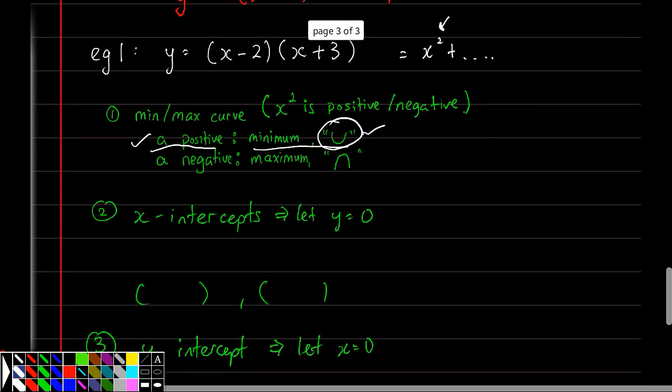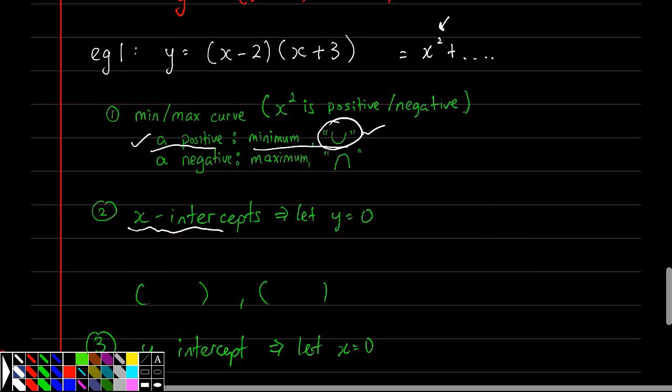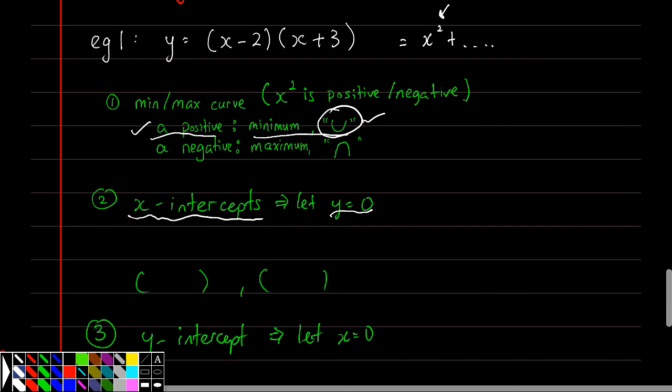There's no way I can find the turning point first, so maybe I will try to find the x-intercepts. So we let y be 0, so then I can write y equals x minus 2, x plus 3, and I replace the value of y. I erase y and then I put 0. So from here, x minus 2 equals 0, or x plus 3 equals 0.